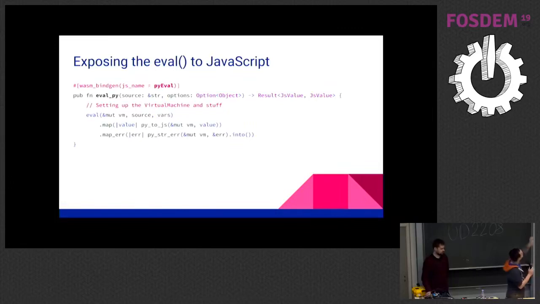That means this Rust function will be exposed to JavaScript as pyEval. So in JavaScript, we can just call pyEval and give it a string of Python source code. Internally, it will set up the virtual machine, parse it, and then execute it in the virtual machine.